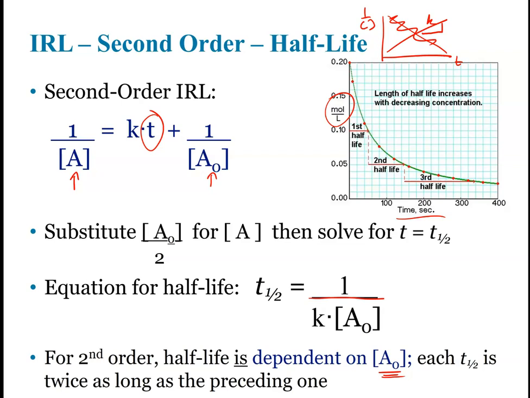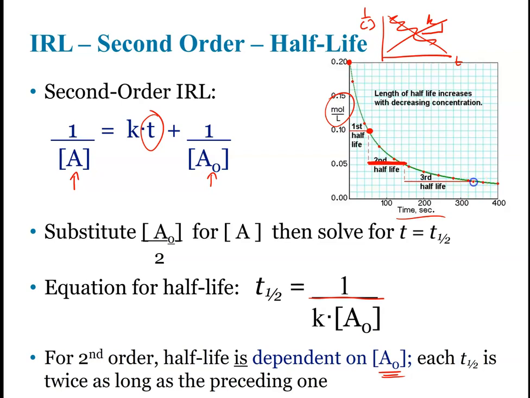To find the first half-life, you'd plug in K times the initial concentration. For the second half-life, you'd plug in 1 over K times this half concentration, and that would give you the next half-life.